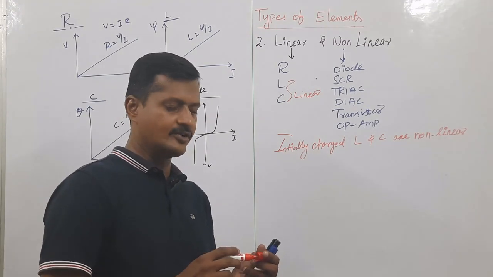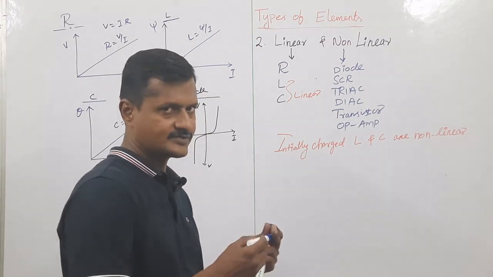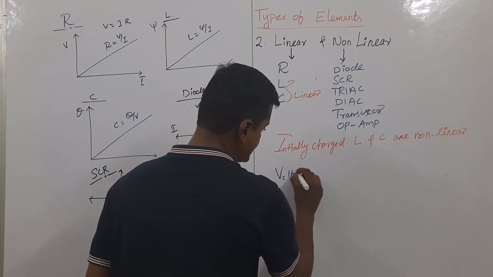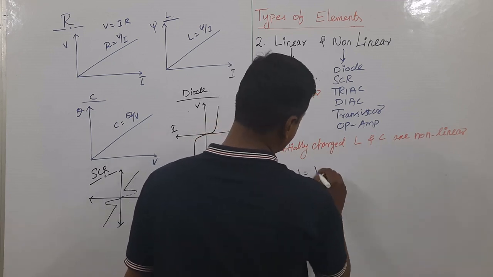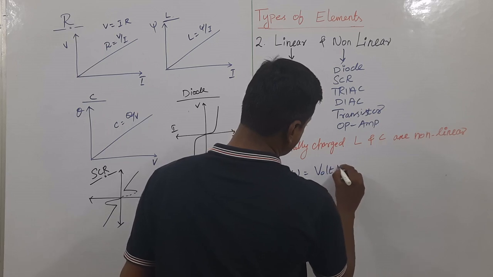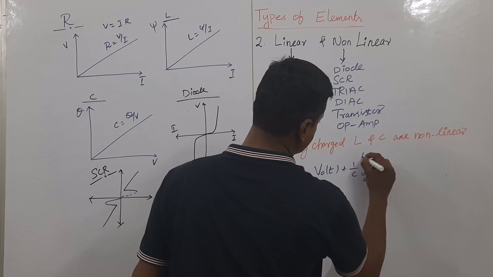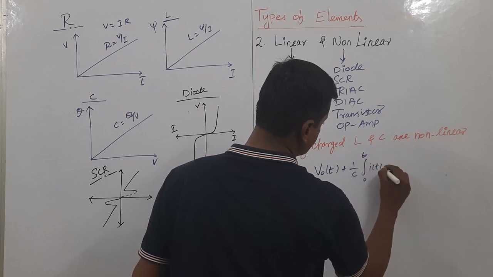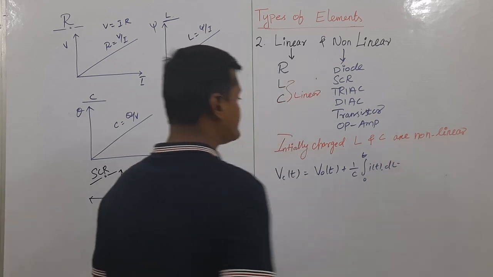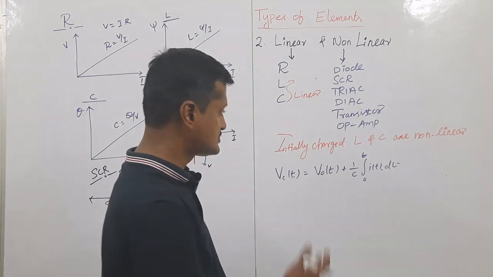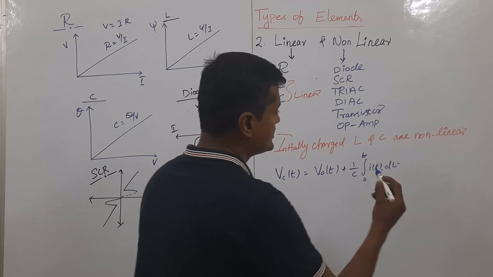We know the equation for the capacitor voltage: V C of t equals V 0 of t plus 1 by C integral 0 to t of I of t into dt. For an initially charged capacitor or inductor, I don't know what the initial value is. So let us draw the graph.